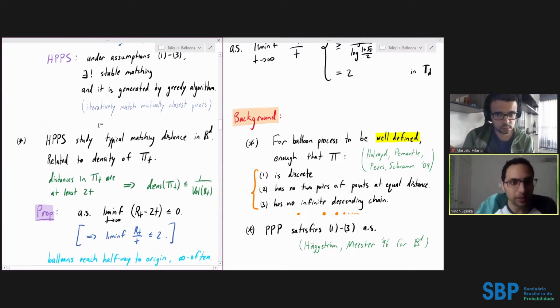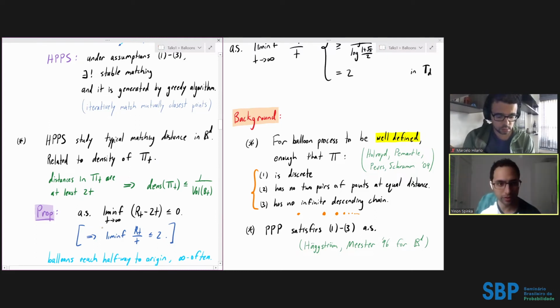Okay, so in this paper, they studied the typical matching distance in R^d. They looked at all sorts of matchings, not just the stable one, but in this talk, I just care about the stable matching. This typical matching distance is related to the density of the active balloons at time t.